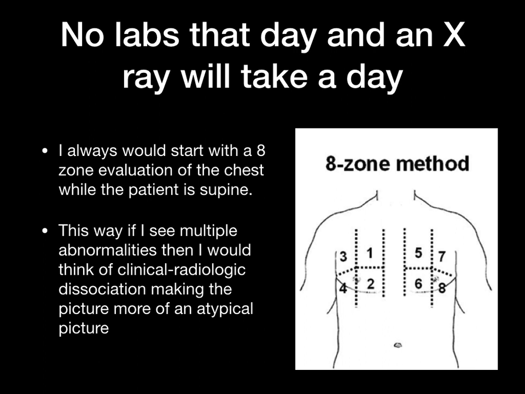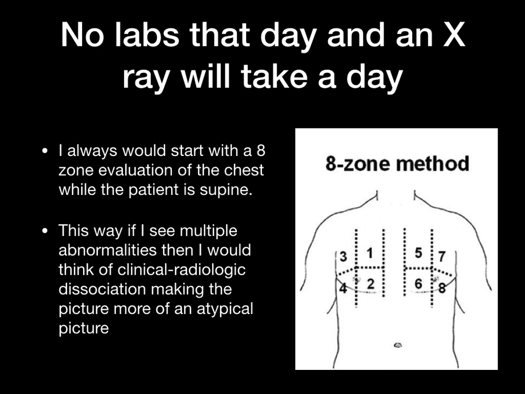Remember, atypical pneumonias present with what we call bronchopneumonia, usually bilateral infiltrates, and we don't hear much. So that causes a clinical radiologic dissociation, and that's why these pneumonias are called atypical.